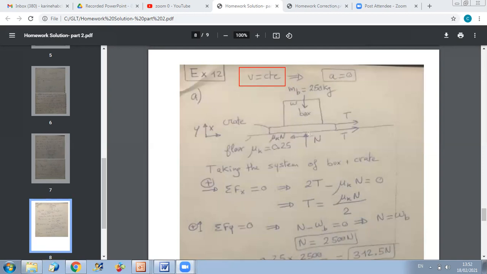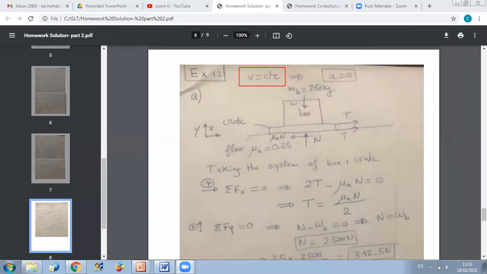Okay? So here, the first step is to draw the free body diagram of the system. When we draw the free body diagram, the different forces are the weight of the system, the normal reaction, okay, and of course the friction.